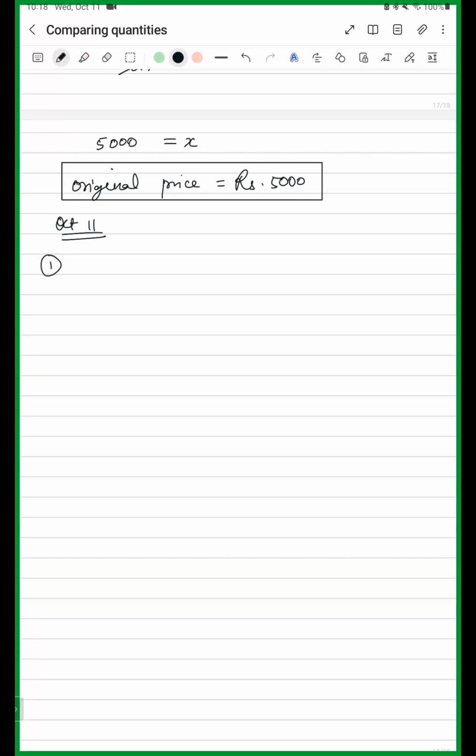What would be the sale price of each of these? Can you see the dress question? Marked at 120 rupees. So basically we're talking about a shop which is giving a discount of how much? 20%.